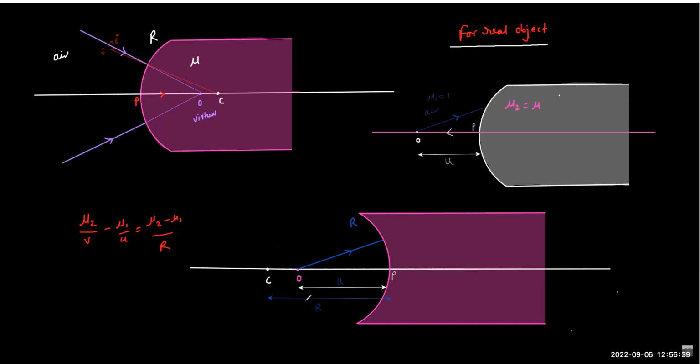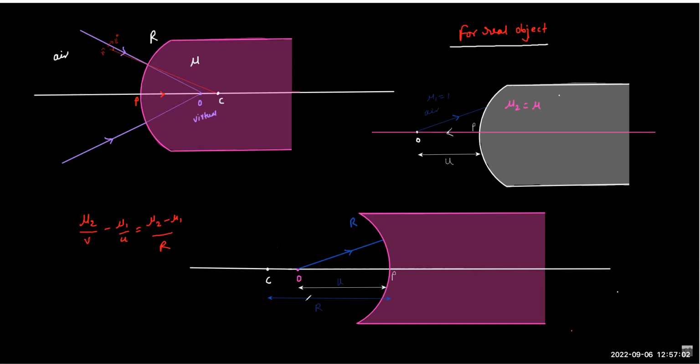Like if the ray is coming from the left, the image must be on the right of the interface. In this case, the real image of a real object will be on the two sides of the curvature. If both happen to be on the same side, then if one is real, the other must be virtual.